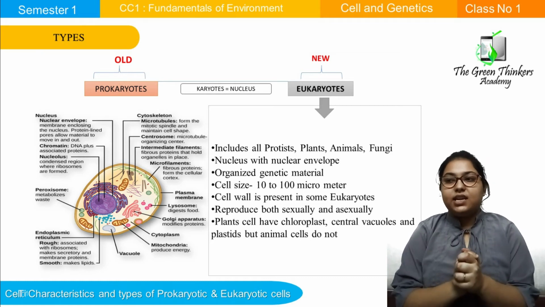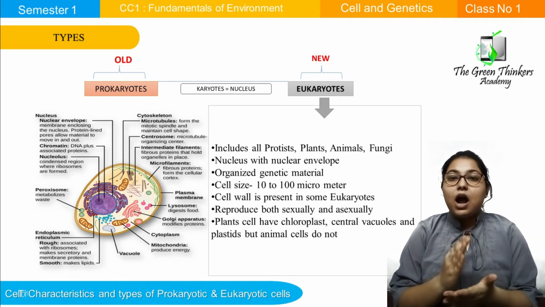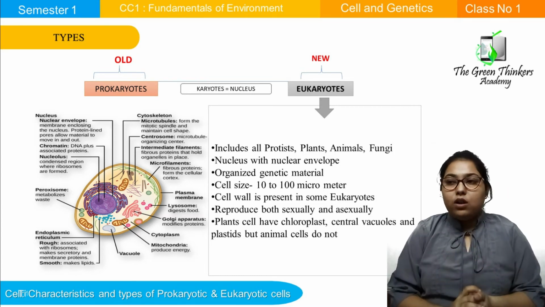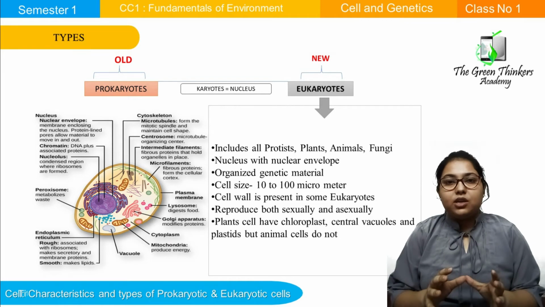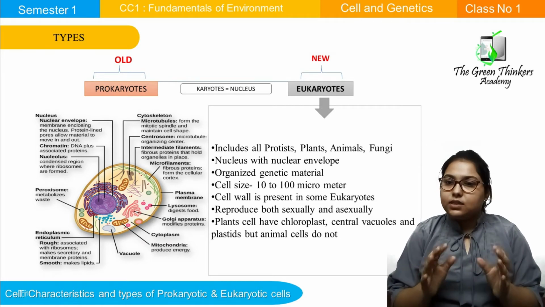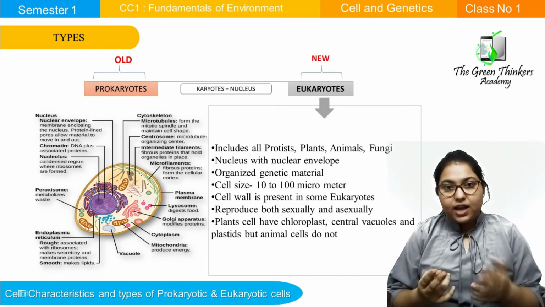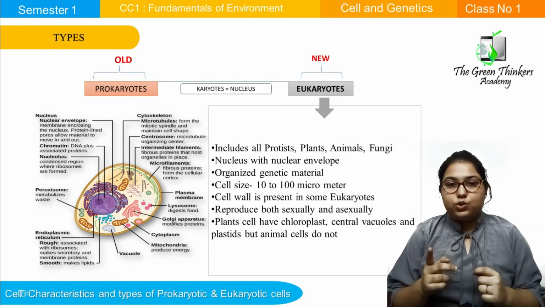The cell size varies from 10 to 100 micrometers. The cell wall is present in some eukaryotes but might be absent in some. Reproduction happens sexually as well as asexually.